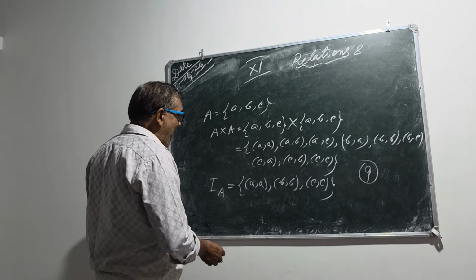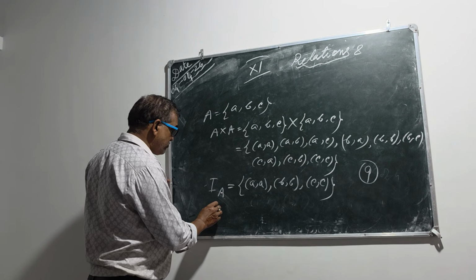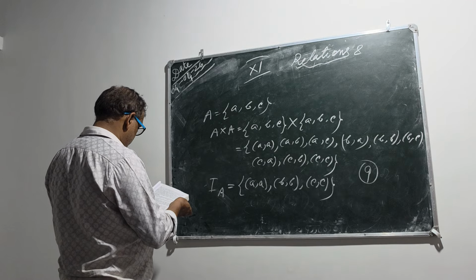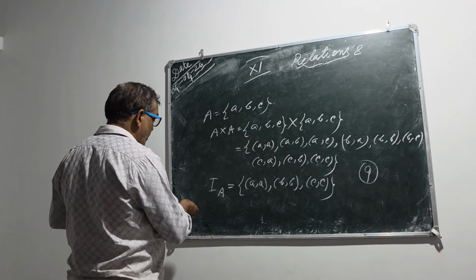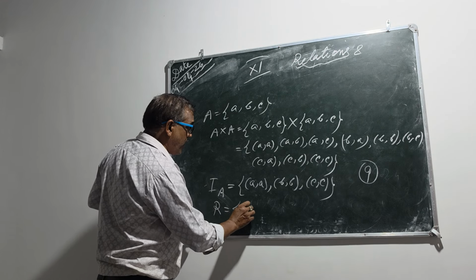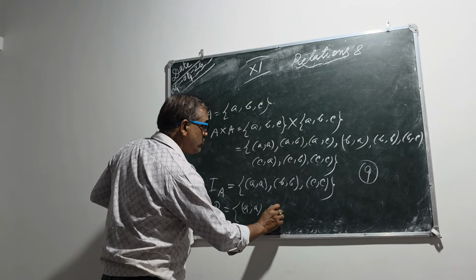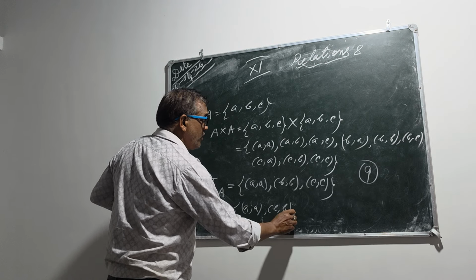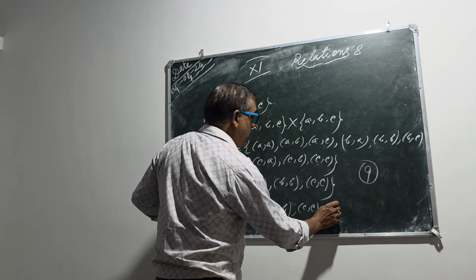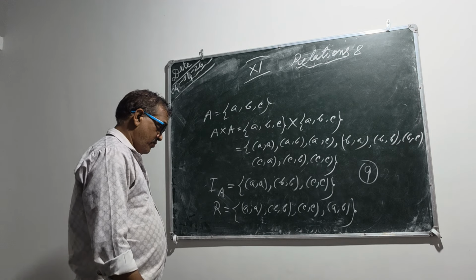Then what is called a reflexive relation? If I is the reflexive relation, then it will be, say, (A, A), (B, B), (C, C), and (A, B) also we can write here.